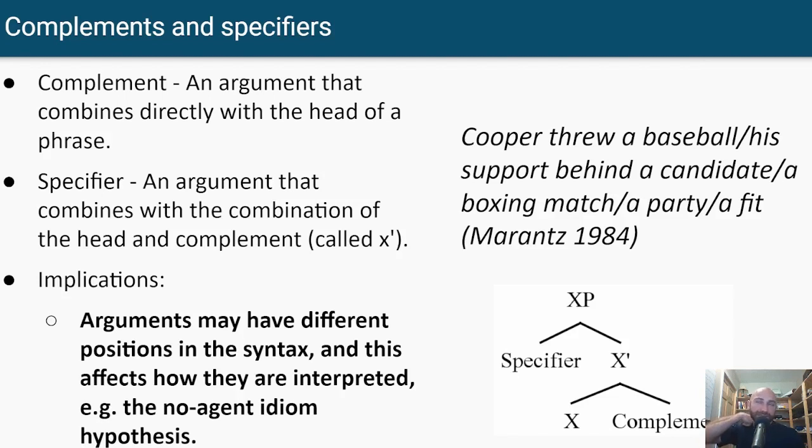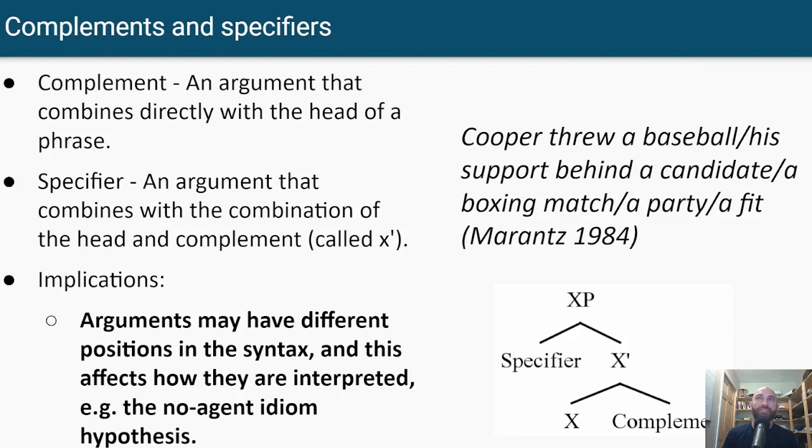He notices that if you say threw a baseball, you have one interpretation, then you can say something like threw his support behind a candidate, threw a boxing match, threw a party, threw a fit, where all of these complements, right, these are not specifiers, these are all direct objects of the verb threw.